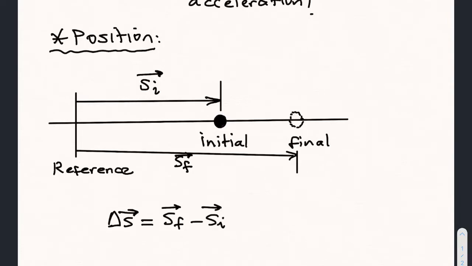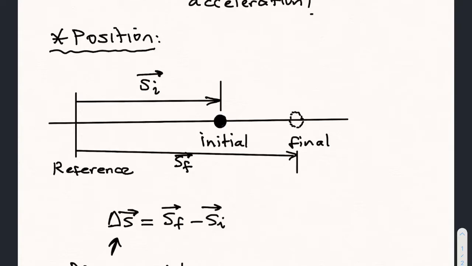I put a vector sign here because, as you can see, the positions are given in terms of two quantities. One, the magnitude, which is the distance between the reference point and the particle's current position, but also it has a direction. I can say that it is towards right. Okay, and also the difference between these two positions, which is given as displacement, which is another important term.